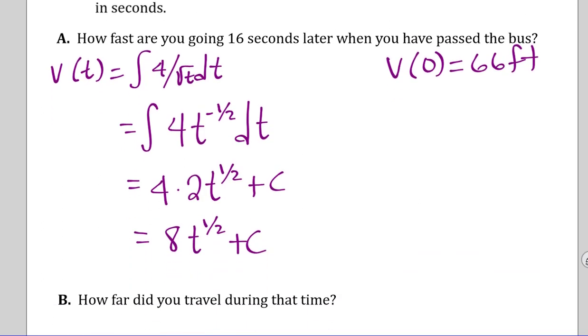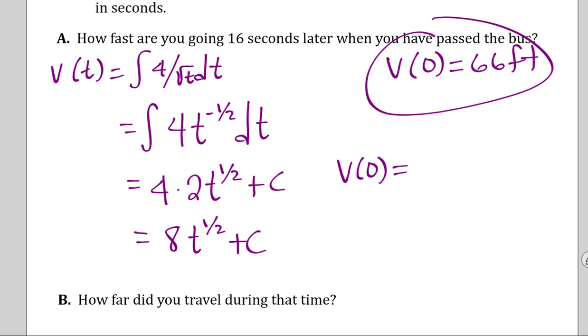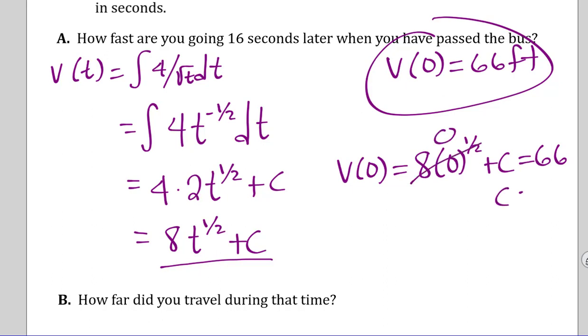Or another way of thinking of it is, if I take this information and plug it in here, we can solve for c, right? We can say v of 0 is going to be 8 times 0 to the 1/2 plus c, and this should be equal to 66. When I do that, this is 0, and so we get c is equal to 66.